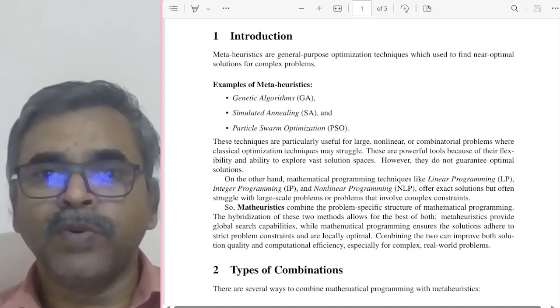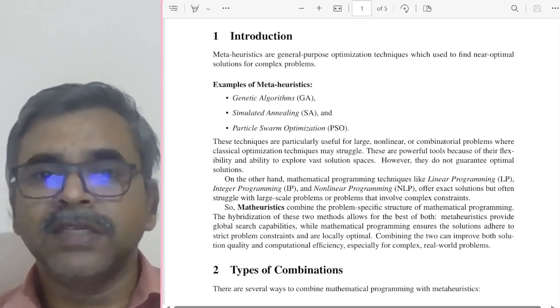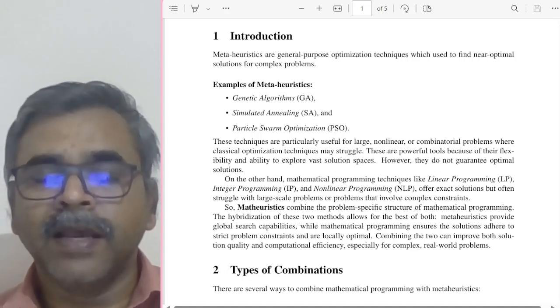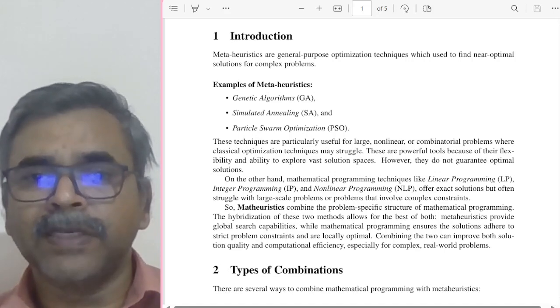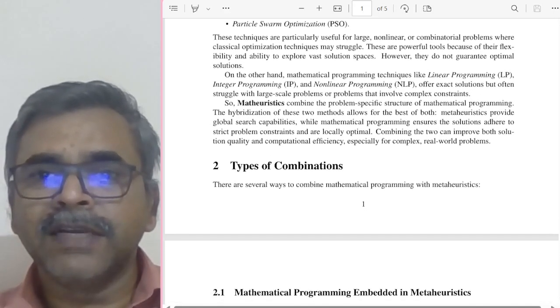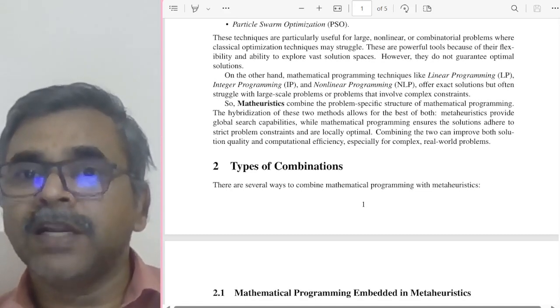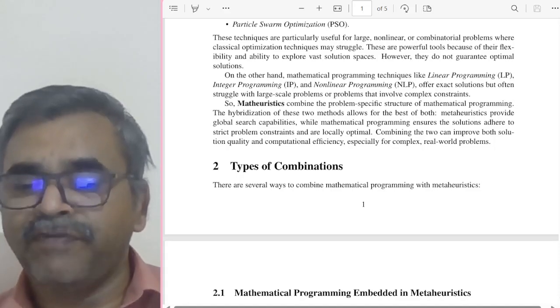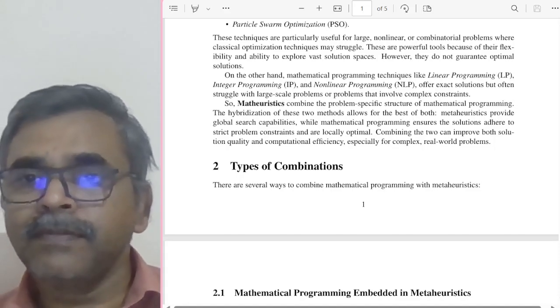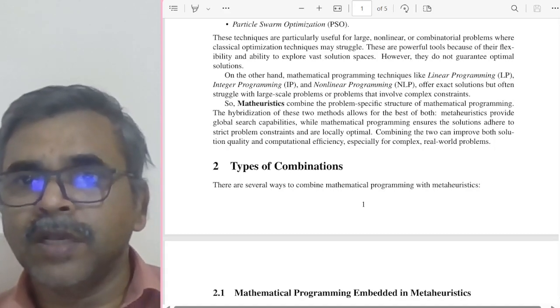The very well known Metaheuristic algorithms are genetic algorithms, simulated annealing, and particle swarm optimization. There are so many others too. These techniques are particularly useful for large non-linear and combinatorial problems where classical optimization techniques struggle. To overcome that struggle, these are the power tools.